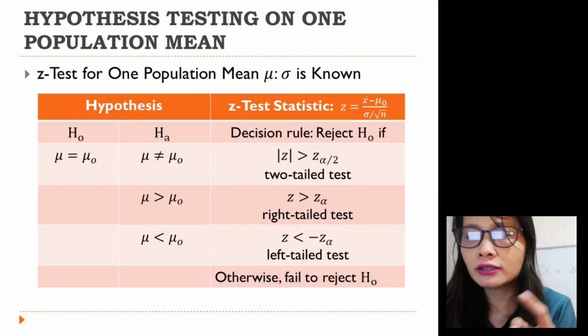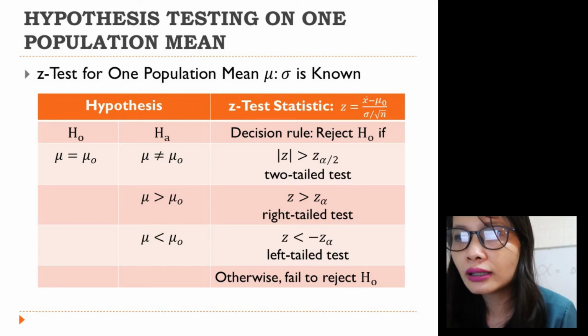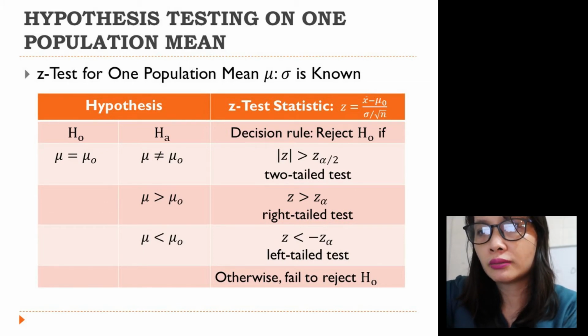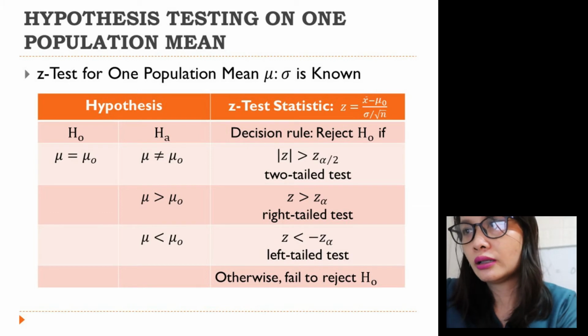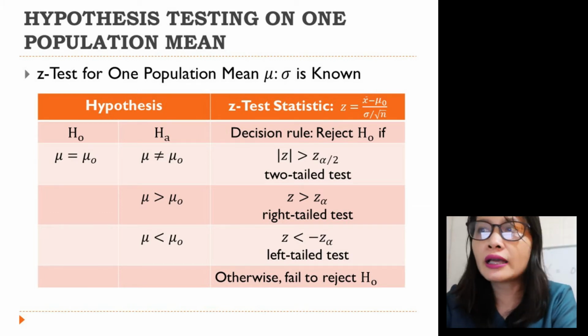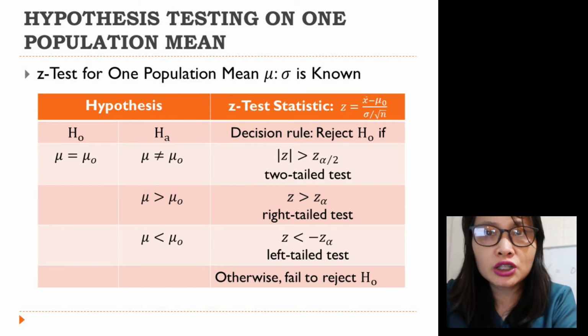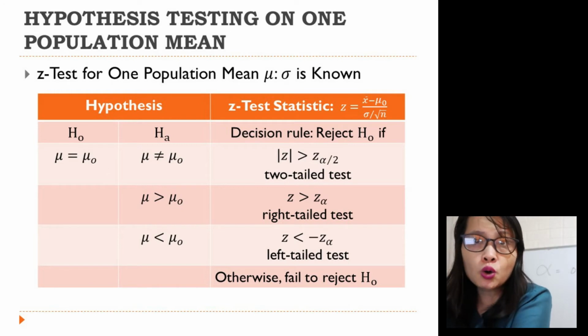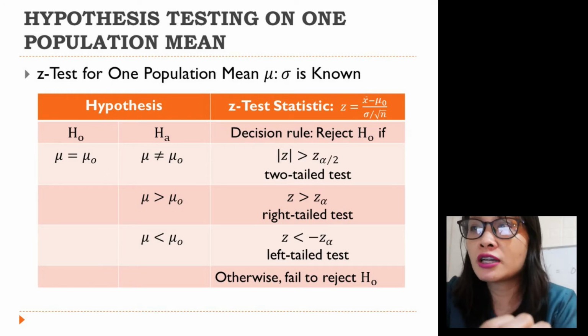Since two-tailed, we will be using this one, because the given is two-tailed. We will be using this one to come up with a decision kung i-reject ba yung HO or fail to reject.